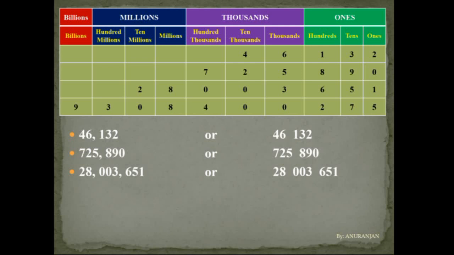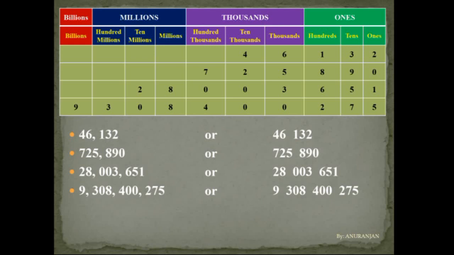Let's look at the last number. How will we represent it? 9 is in the billions category, so we'll put a comma after 9. Then 308 is in millions group, so we'll put a comma after that. And then we have 400, we'll put a comma, and then 275.